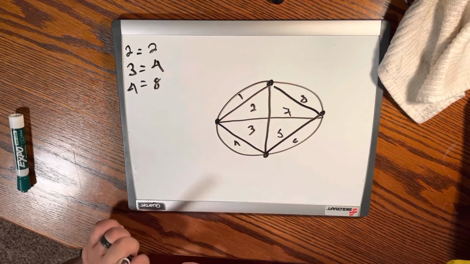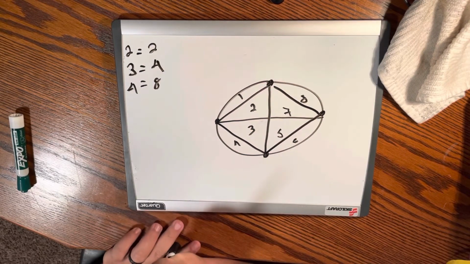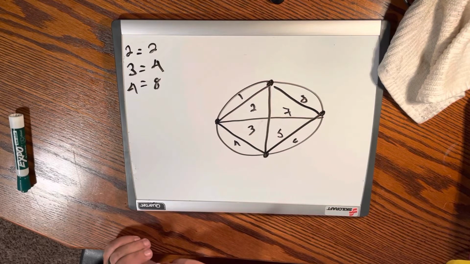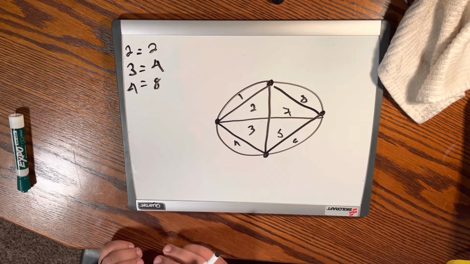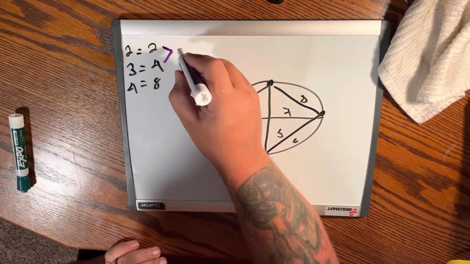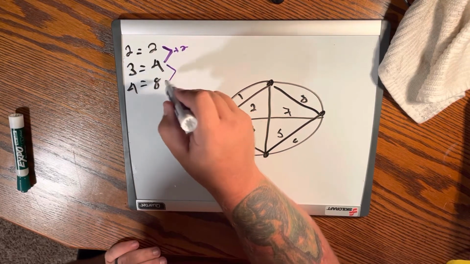Okay, do you see a pattern yet? So what do we have to do here to get to there? Add 2. What about from here to here?